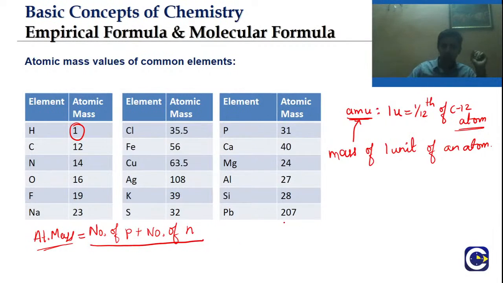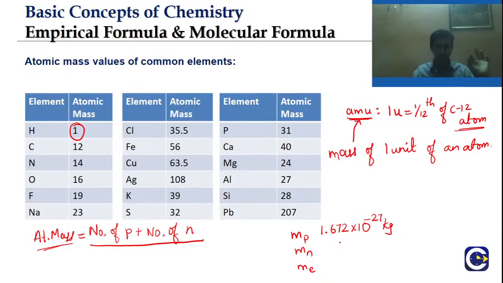If I look into mass of proton, mass of neutron and mass of electron, does anyone know the mass of proton? It is 1.672 into 10 power minus 27 kg. This is some figure which you should be knowing; sometimes it will be helpful if you want to play with numbers.